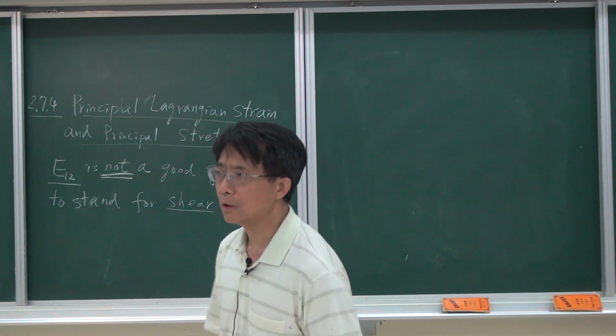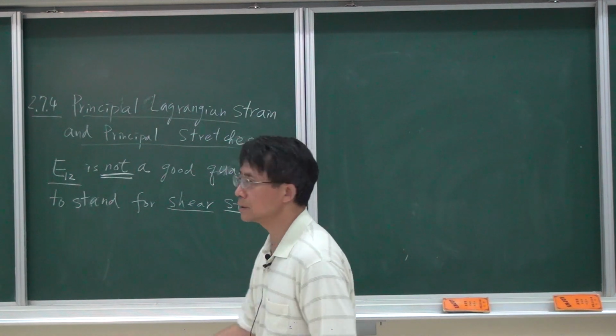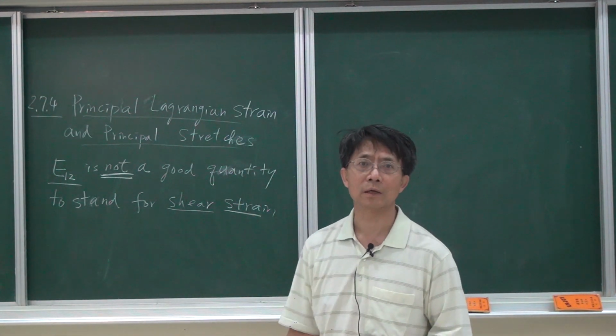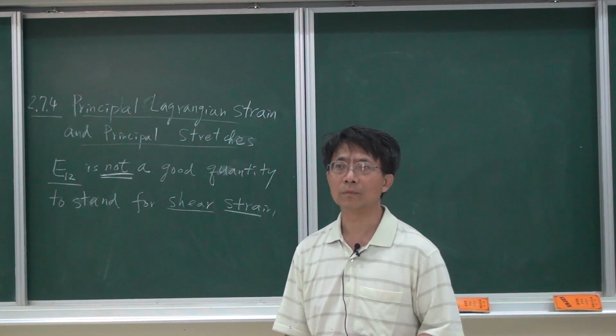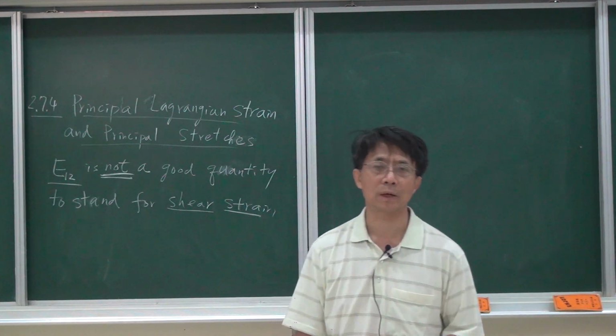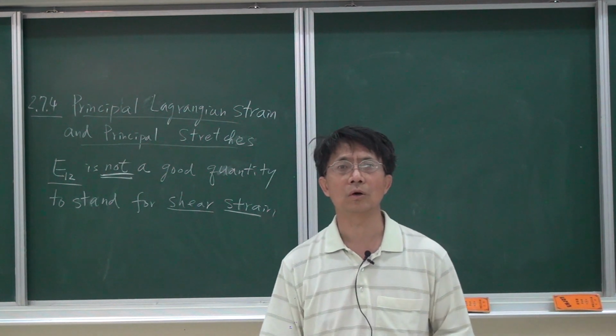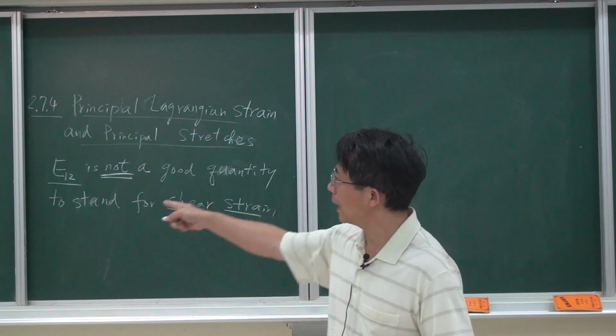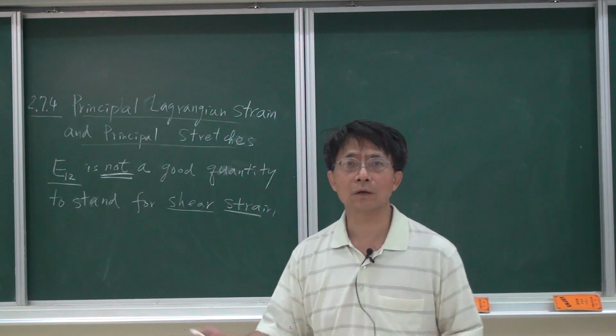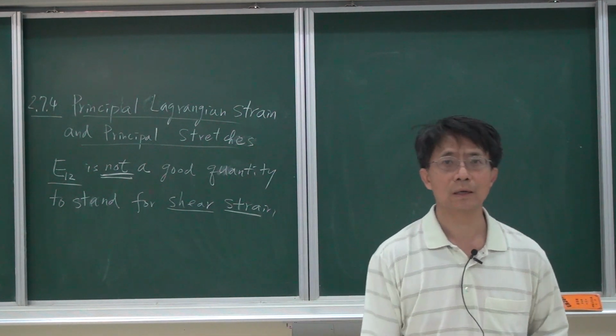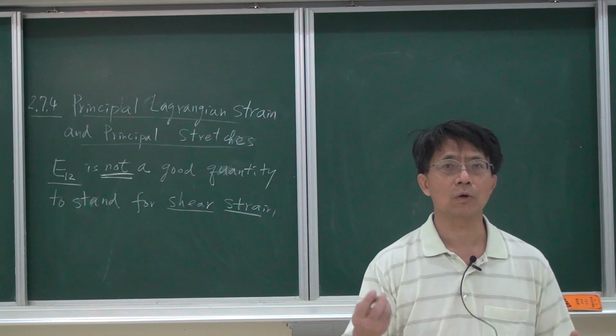But when we look at the components of the Lagrangian strain, especially the so-called shear component, E12, is not very good to represent shear. Then what's wrong with this?